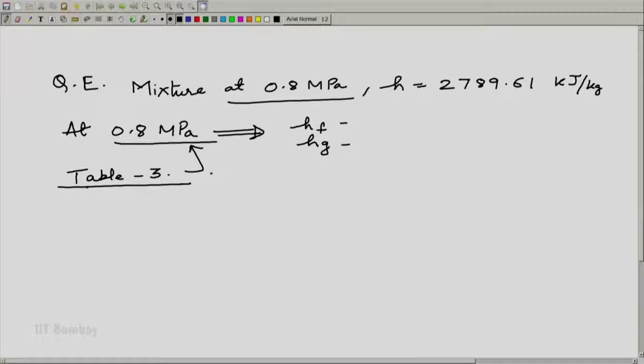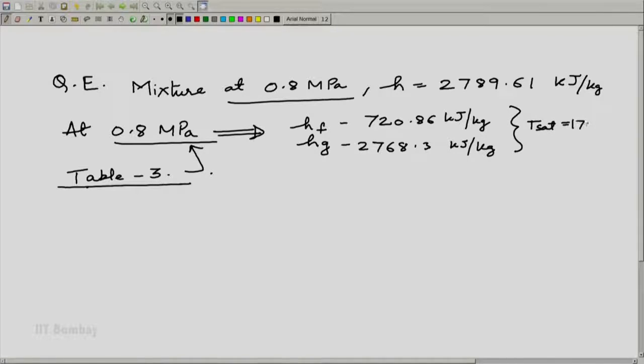So, HF is equal to 720.86 kilojoule per kg and Hg is equal to 2768.3 kilojoule per kg, and corresponding to this Tsat is equal to 170.4 degree centigrade.